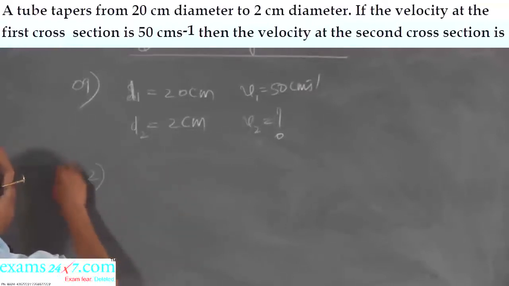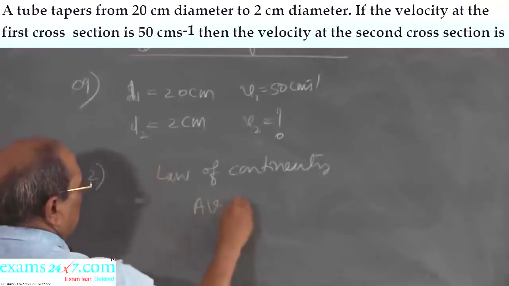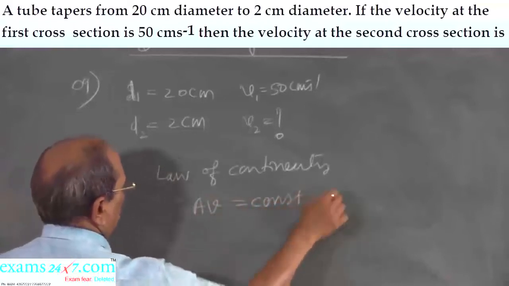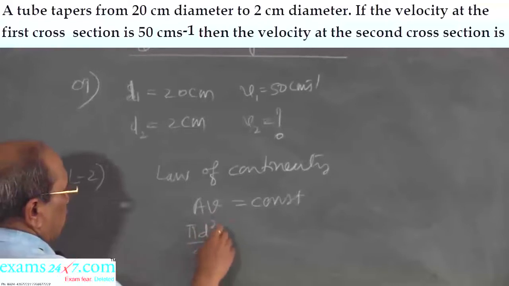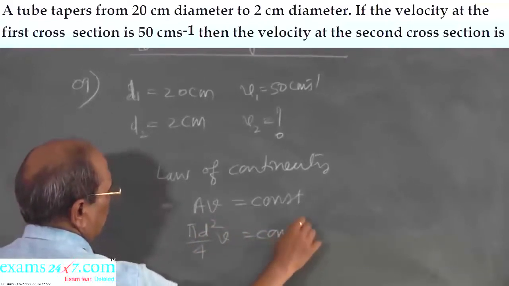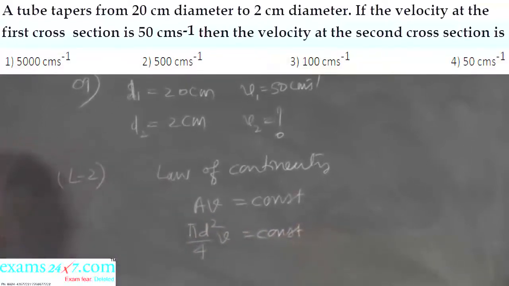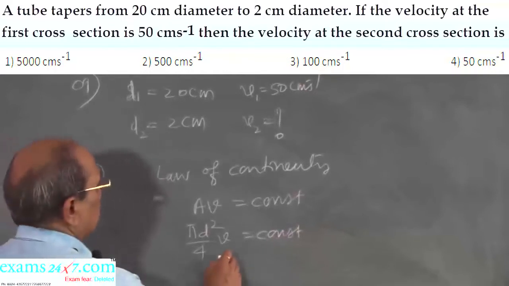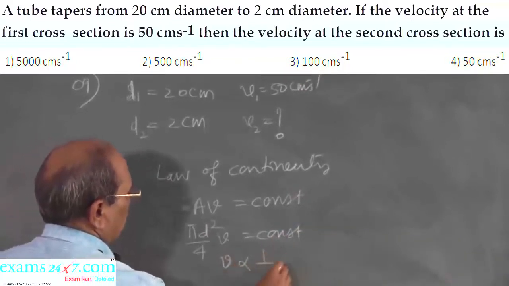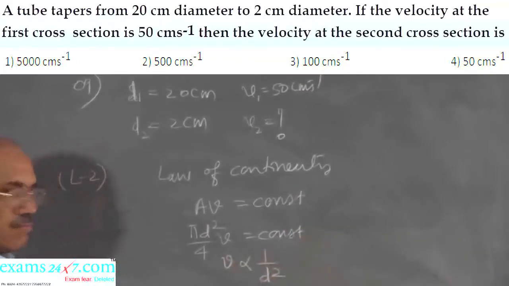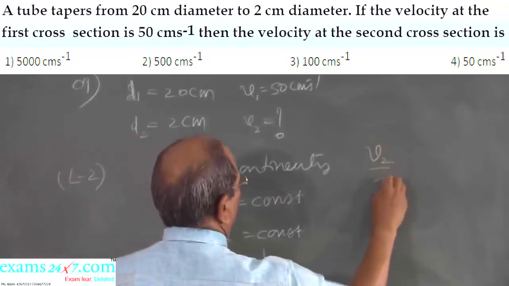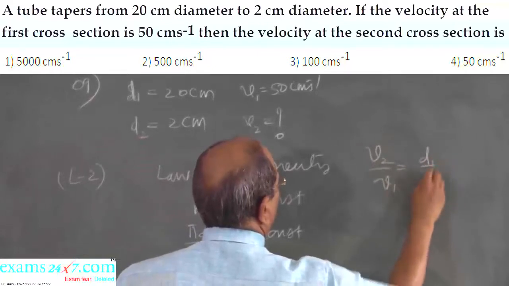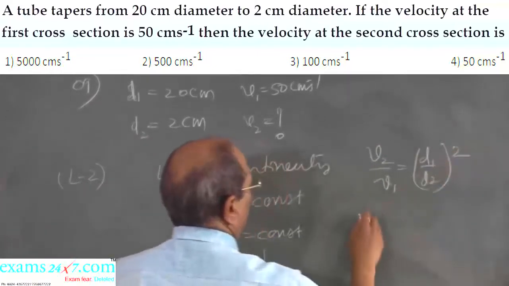According to the law of continuity, area into V is constant. Area can be written as pi d square by 4, so pi d square by 4 into V is constant. This suggests V is proportional to 1 by d square. Therefore, I can write V2 by V1 is equal to d1 by d2 whole square.